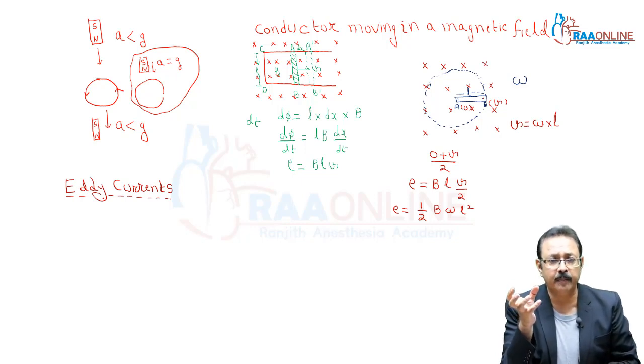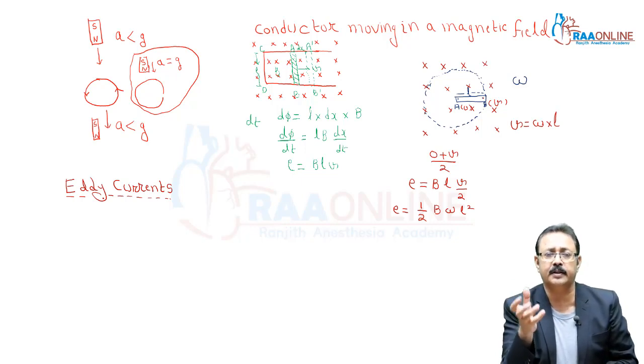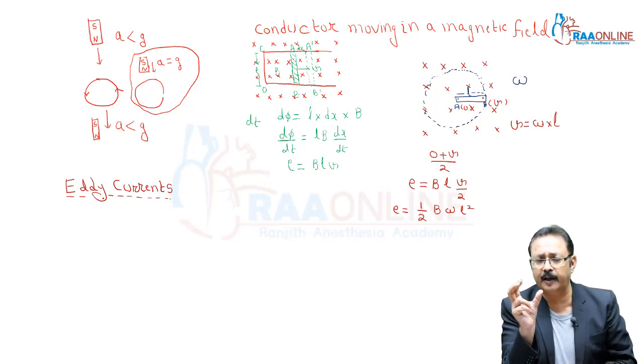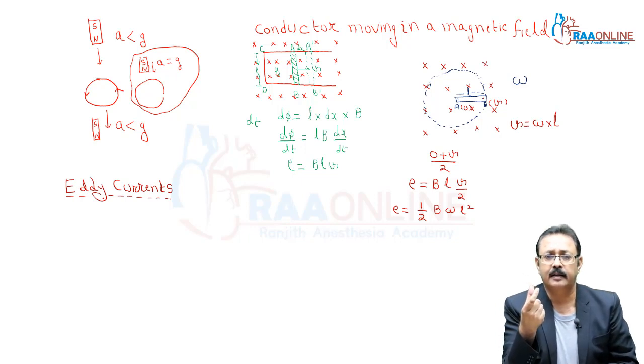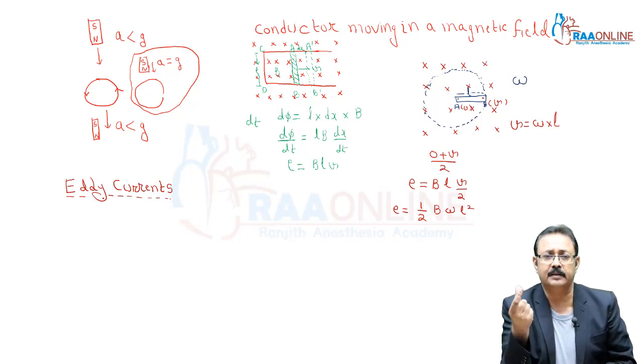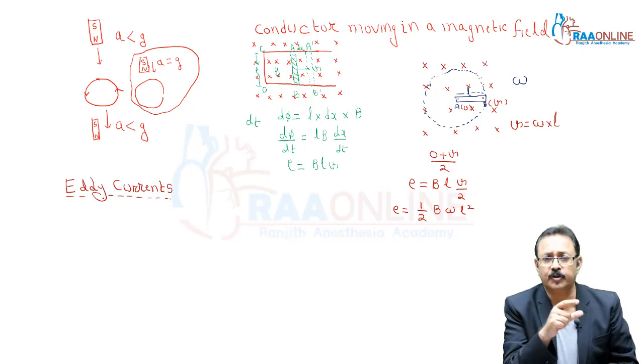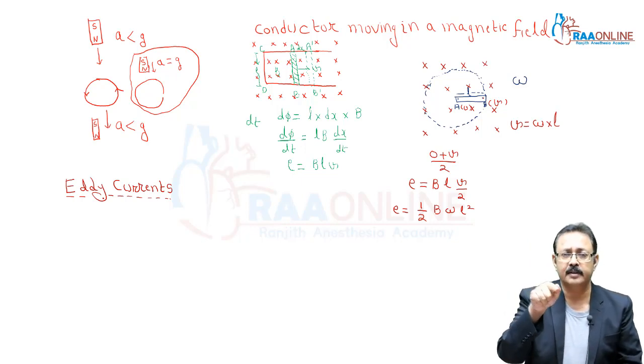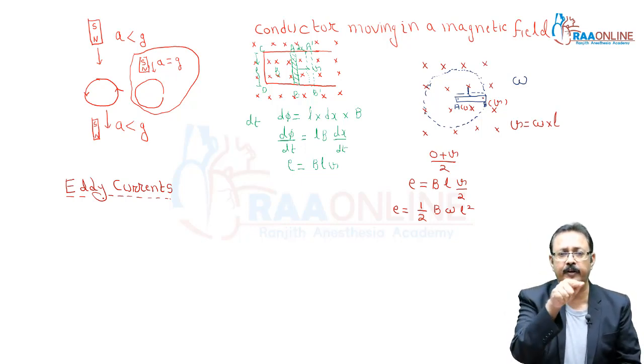Even in brakes in trains, we are using this concept. We attach a drum with each axle of the wheels. When we want to stop the train, we produce a magnetic field there. Now the drum is rotating in a magnetic field.